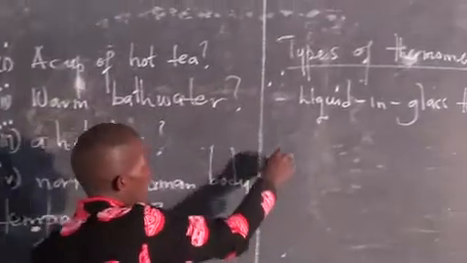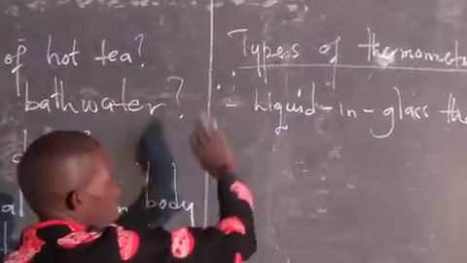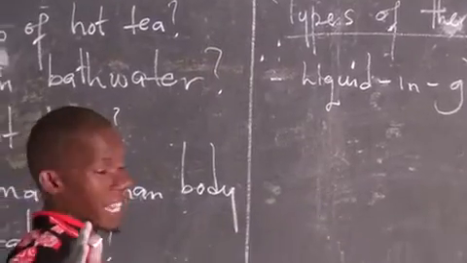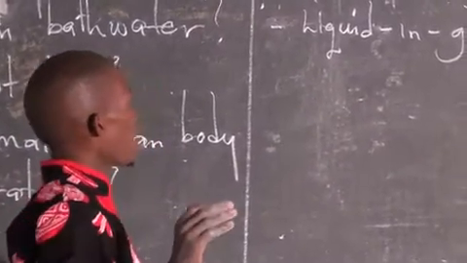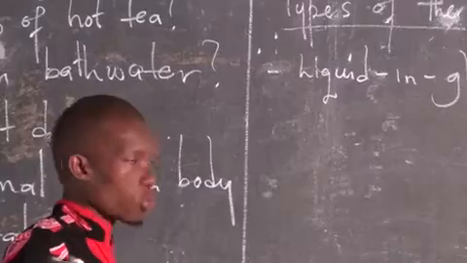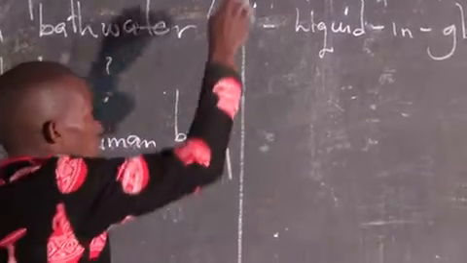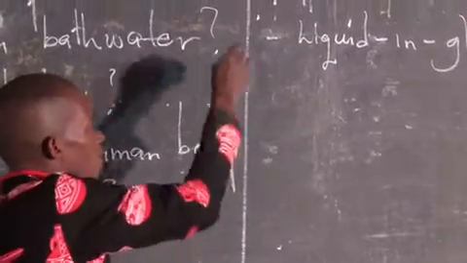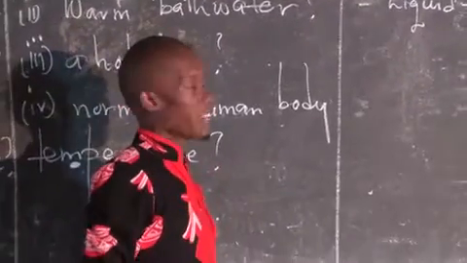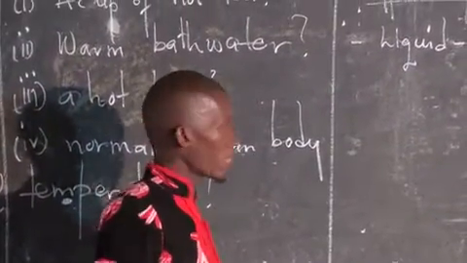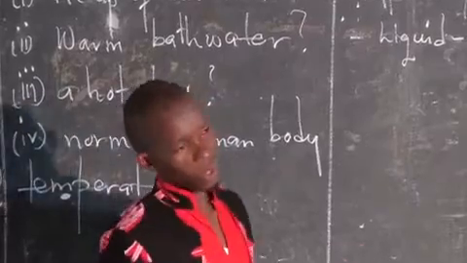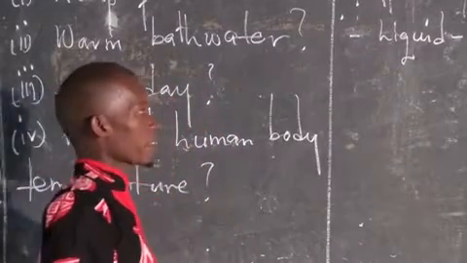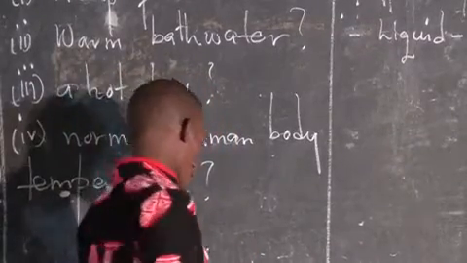When you move on to this one, try to identify the type of liquid they use, and which one is the most suitable in a liquid in glass thermometer. We use mercury, we use alcohol, whatever. You get to know that.